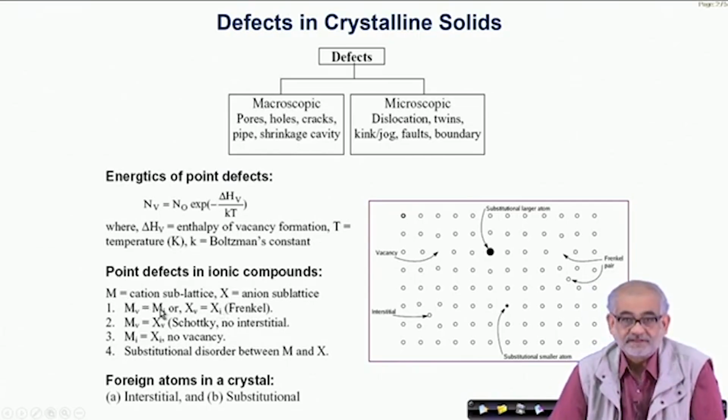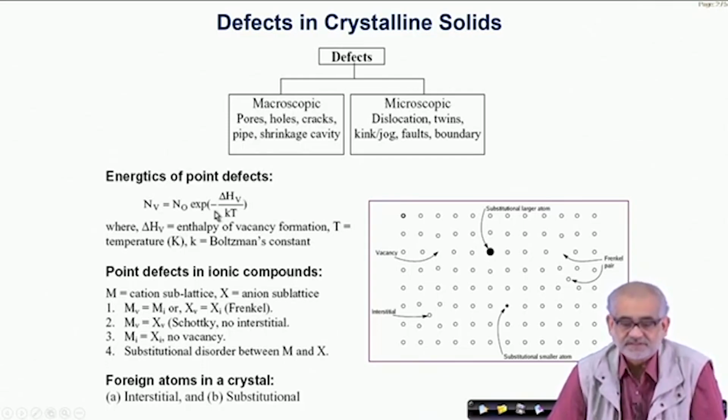And if all of them are exactly where they should be, then the crystal is perfect, but that's unlikely. Nature actually dictates that if you have a certain amount of vacancies in a given lattice, then there is a possibility of introducing randomness, and that's how you can increase the entropy.